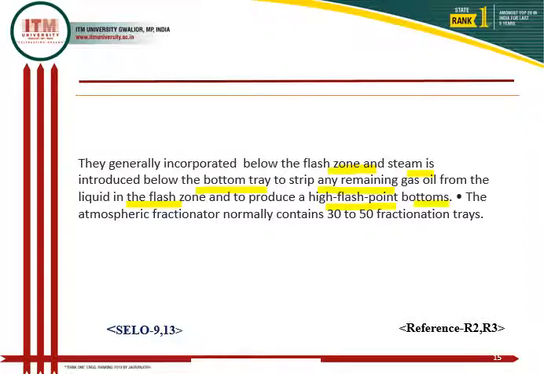The atmospheric fractionator normally contains 30 to 50 fractionating trays, as I have discussed in the flow diagram. So this is all introduced below the flash zone and can be further removed.